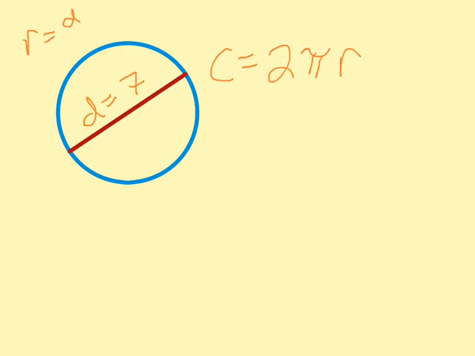Now, if I have a circle where I have a diameter, let's say diameter 7, I can still use that same formula, C equals 2 pi r. Now remember that r is equal to half the diameter. So what I can do is say this is equal to 2 pi, and half of the diameter is 7 halves.